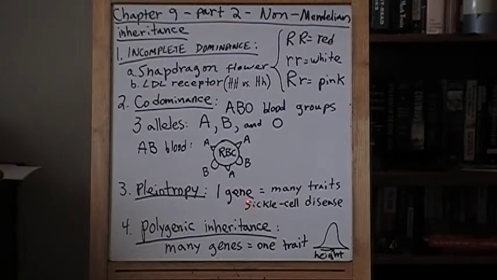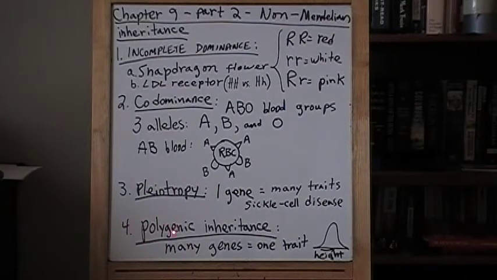And the third is that these sickle cells are attacked by the immune system, and so you get anemia, or a lack of red blood cells, because the sickled ones are being attacked. So many effects from a single mutation, a single gene. That's pleiotropy.